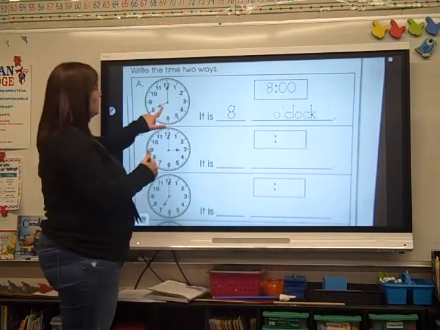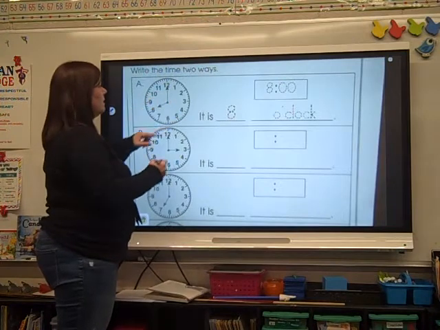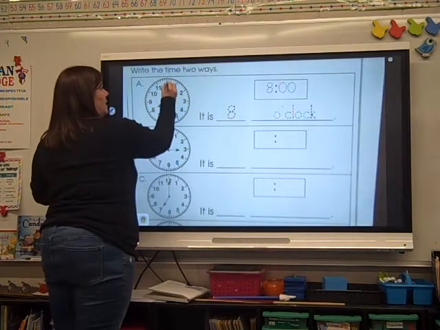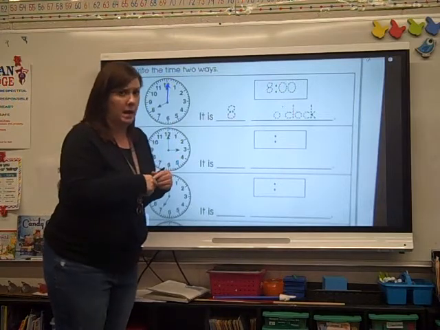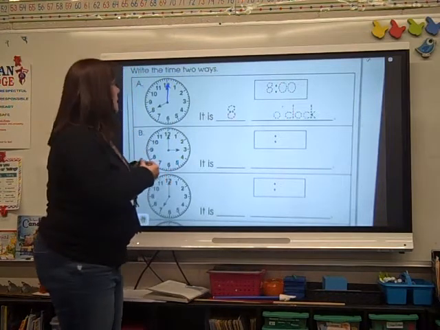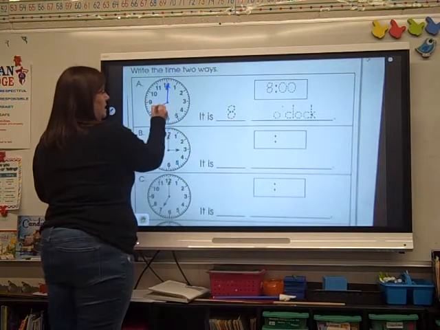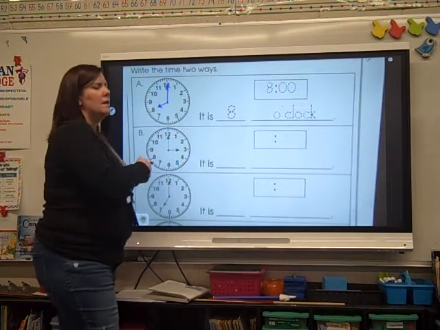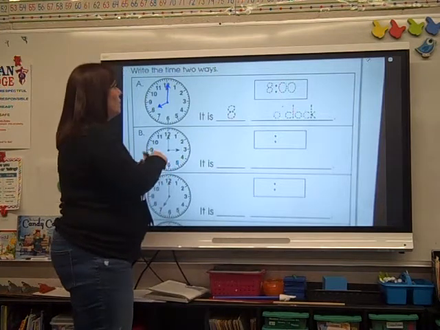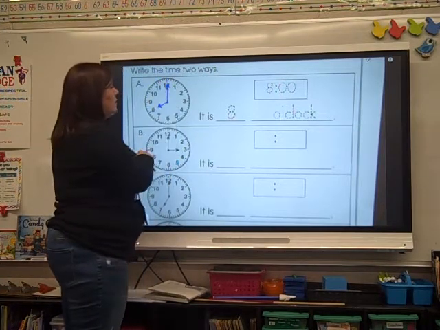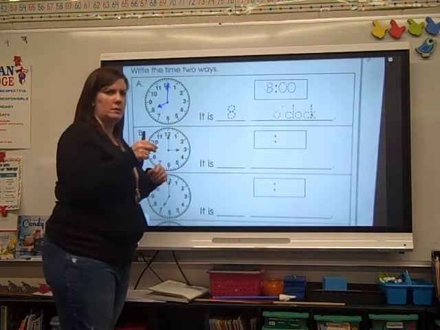So look here. See, here's our clock, and do you see that long hand pointing to the top, that 12? That's our minute hand, okay? And then you see the short hand pointing to the 8. That's our hour hand, okay? So, when it's pointing straight up, that means o'clock, all right?